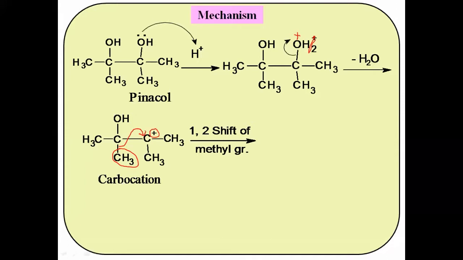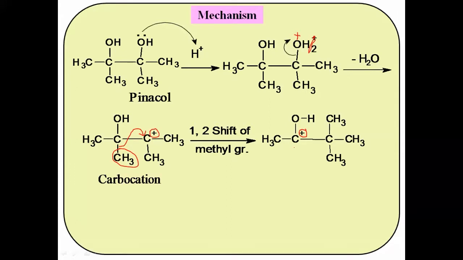There is a migration of methyl group from one carbon to electron deficient carbon. मग हा methyl group जर इकडे जात असेल, what's about this first carbon? This first carbon now has positive charge. म्हणजे त्या कार्बनवर आता positive charge येतो. Means one carbocation converts into another. In this process, one carbocation converts into another. Now this is the third step, shifting of methyl group.